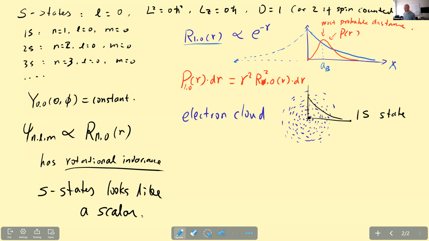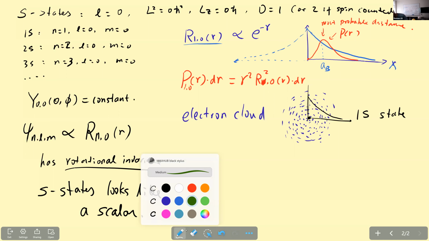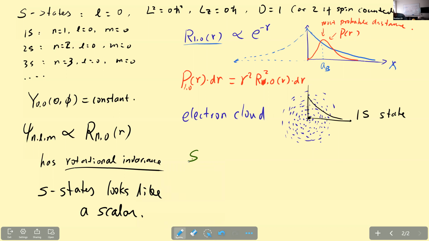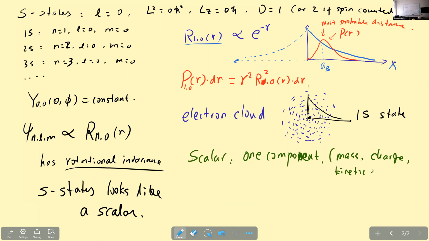And a scalar has only one component, right? For example, mass, charge, kinetic energy, and so on and so forth.